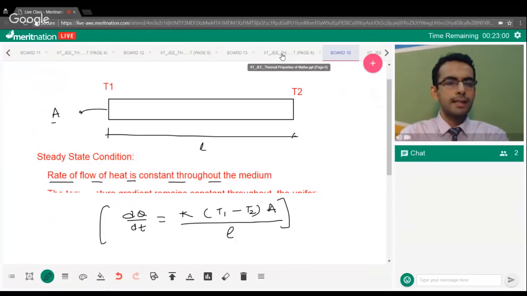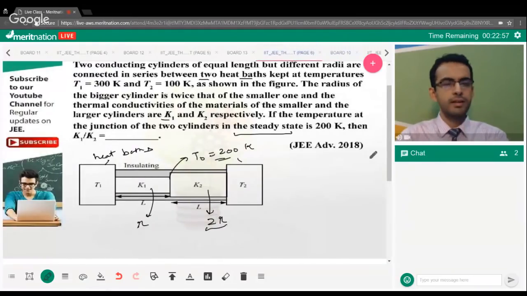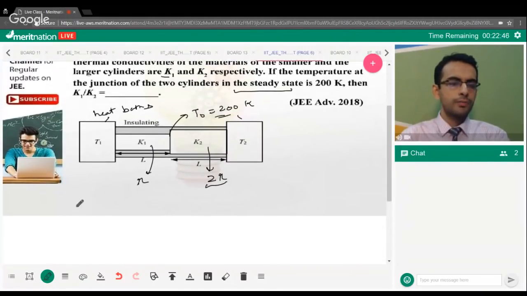So now let's see the question. We are provided that there are two cylinders having different radii. So we have to apply this formula for dq over dt. Now dq over dt is the same for both cylinders.